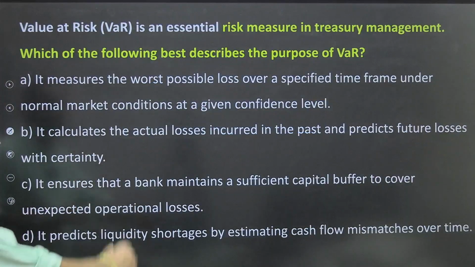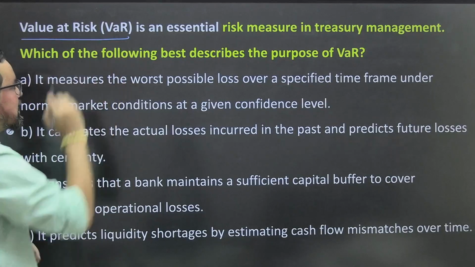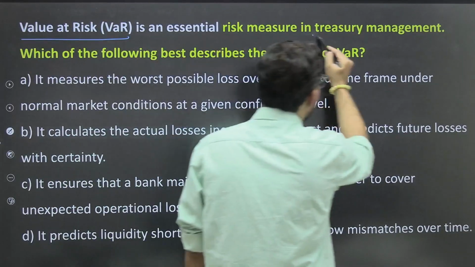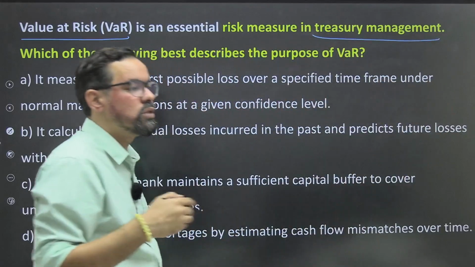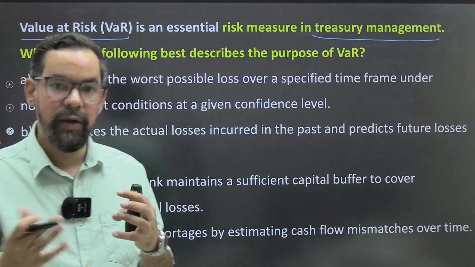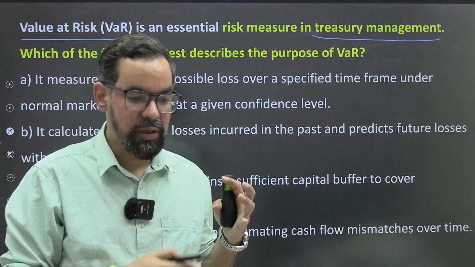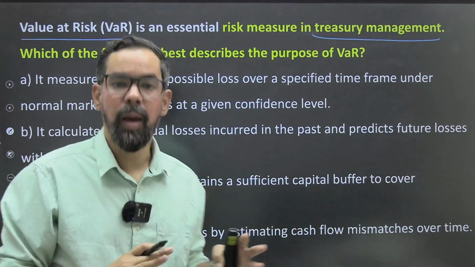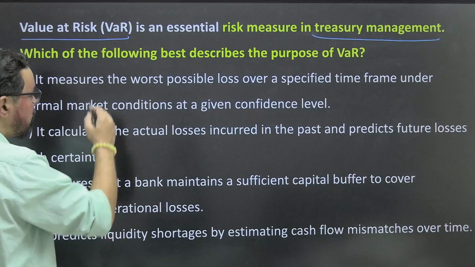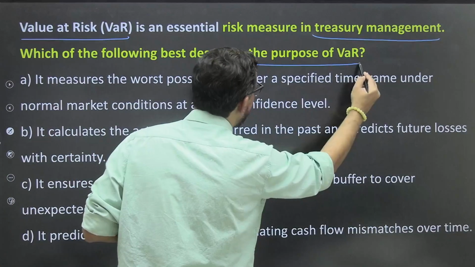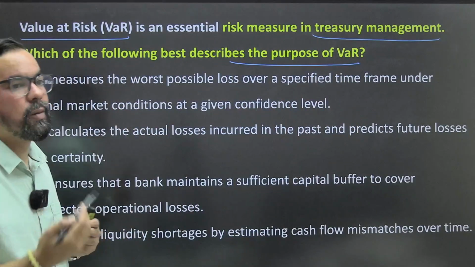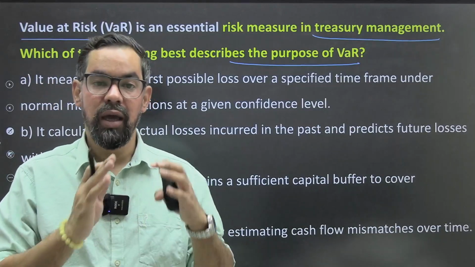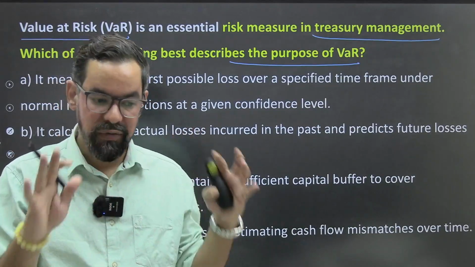Right? Next one. VAR, value at risk, is an essential risk measure in treasury management. Basically, we use VAR for the market risk calculation, or while we generally place the capital charge against the market risk. So which of the following best describes the purpose of VAR? It generally helps us get to know about the expected losses in a defined scenario.